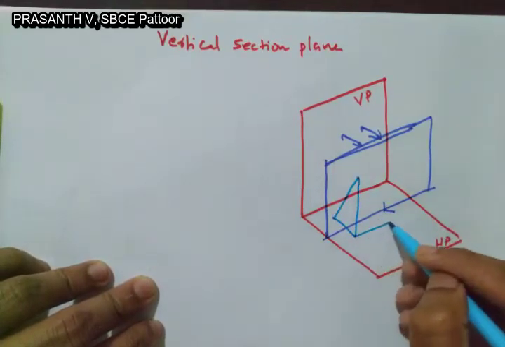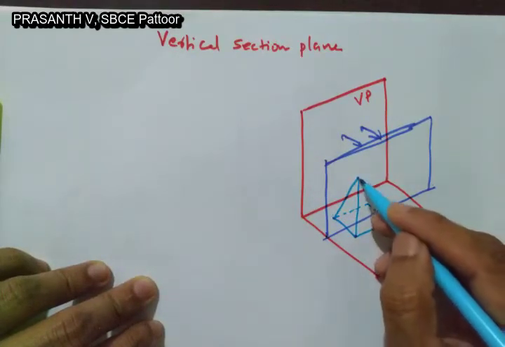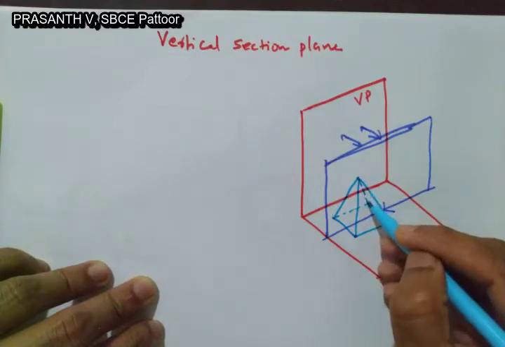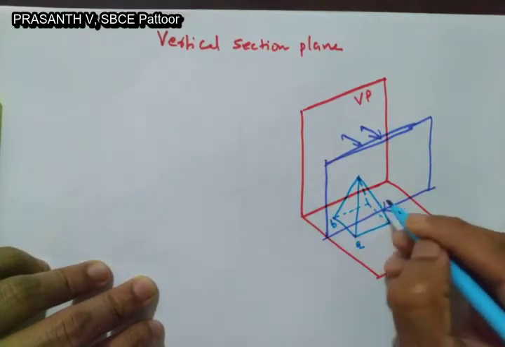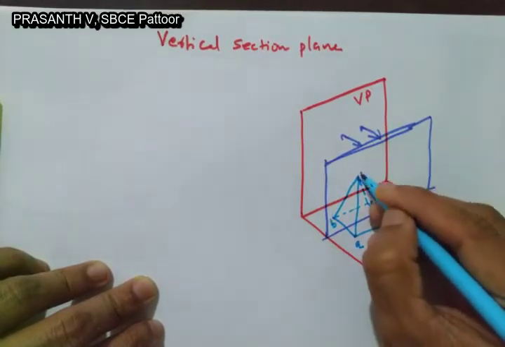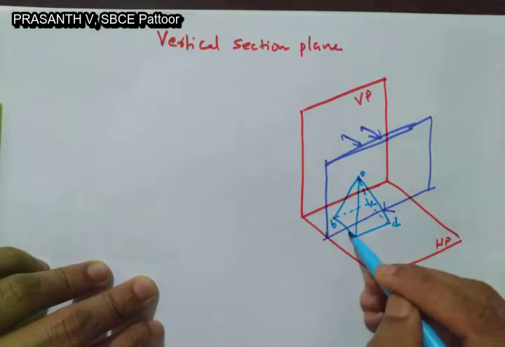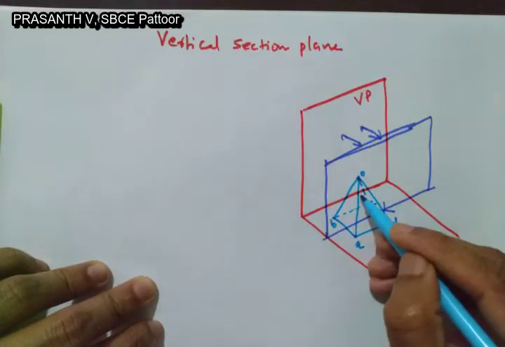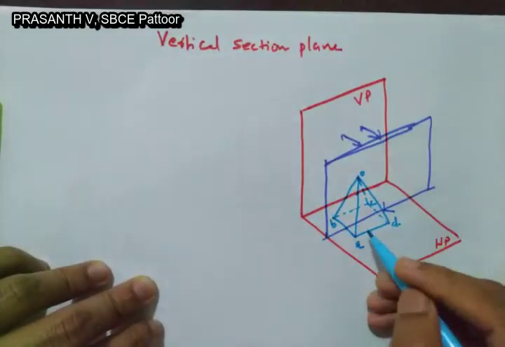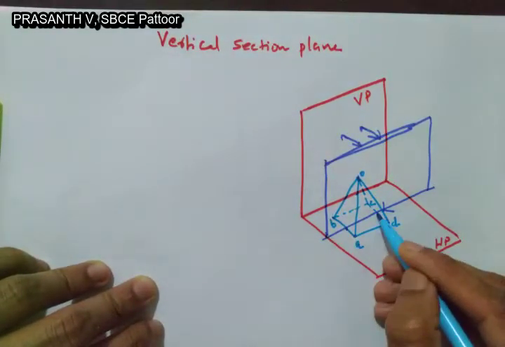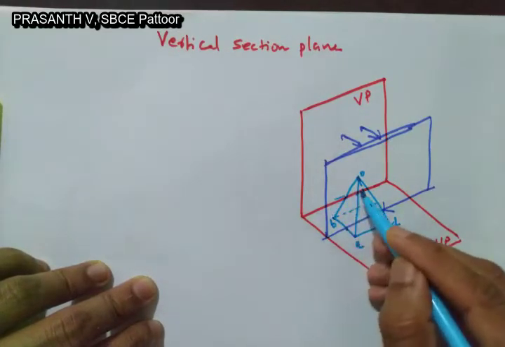The same square pyramid is considered: A, B, C, D. Here it is O. Here you can see the section plane cuts the base as well as the slant edges. If I place the section plane like this, it will cut the base at this point, then the slant edges. Suppose it cuts the slant edges here.